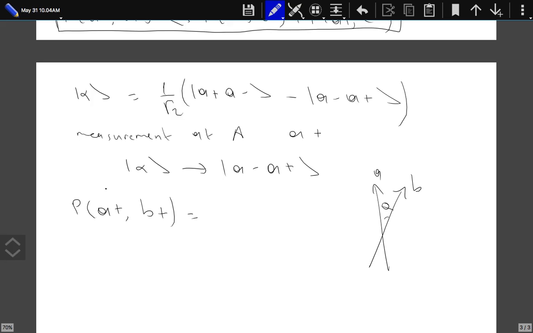So this is particle 1. This is, let's say, particle 2. Well, this will be just cosine squared theta over 2. Let me call it theta AB.